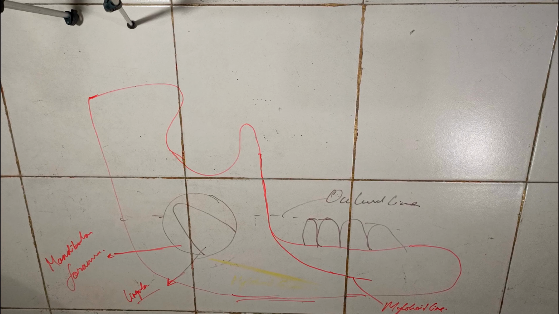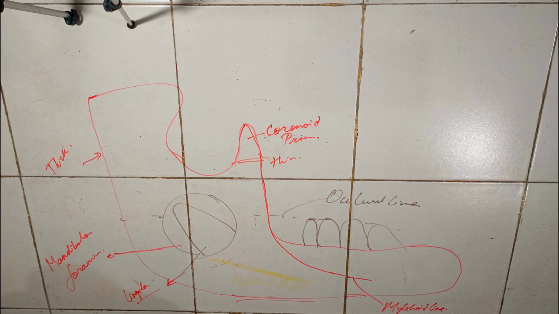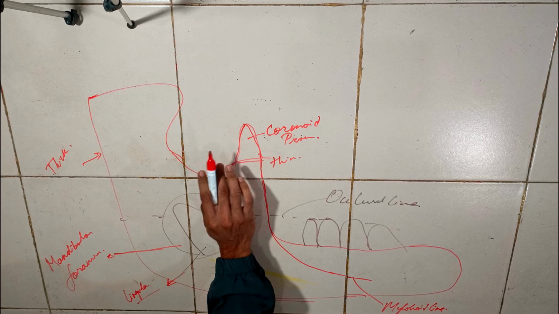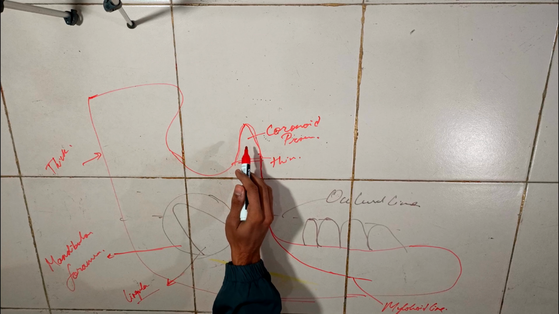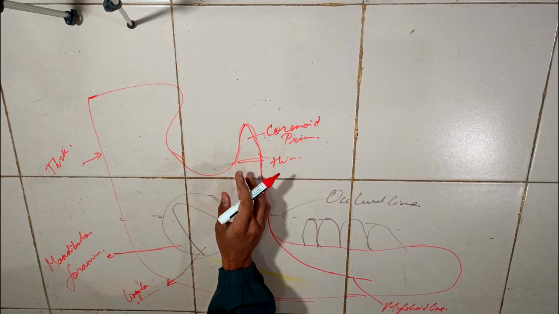The coronoid process is a flattened triangular upward projection from the anterior-superior part of the ramus. So this is almost triangular. This is obviously flattened. This is a very flat triangular structure which projects upward from the anterior-superior part of the ramus.